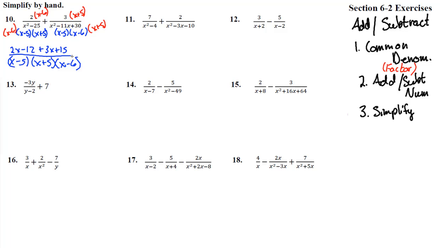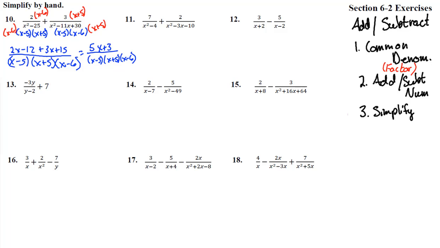Good. And then we can simplify just a little bit more. This is 5x plus 3 on the top. That won't factor at all, so that means there is no simplifying once we get this denominator written out, x minus 6. Whoo-wee! That's big.